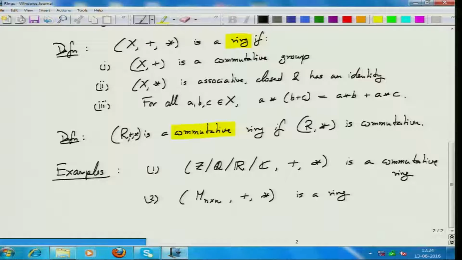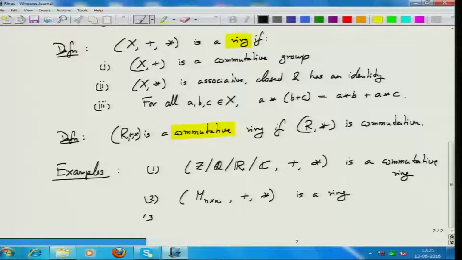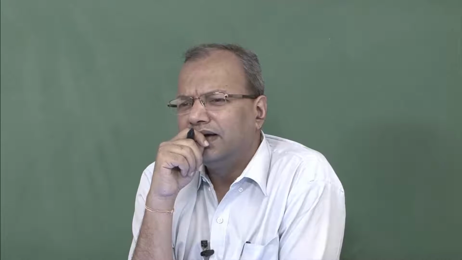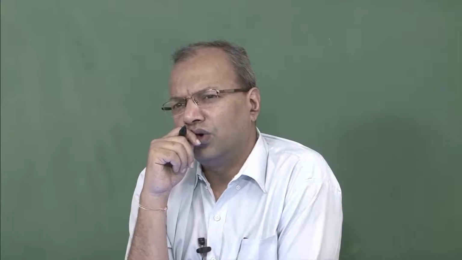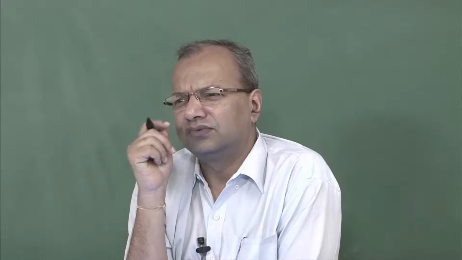Any other examples? That's very nice. So what you're saying is a plus i root 2. What is i? Square root of minus 1. So what is the set of numbers you are talking about? a is from integers, okay, and i root 2. No, that a plus i root 2 won't make sense.